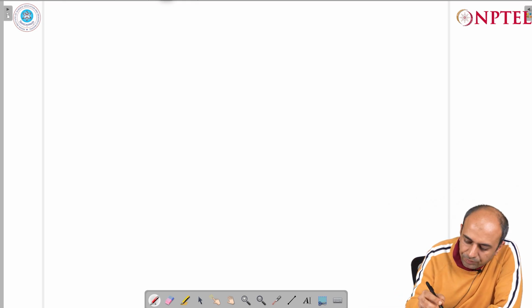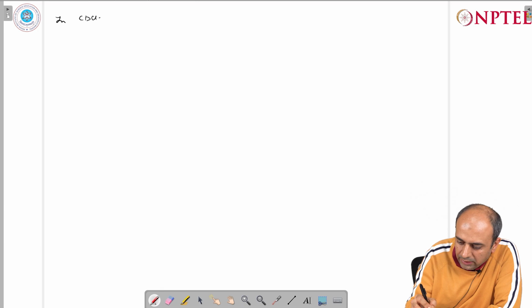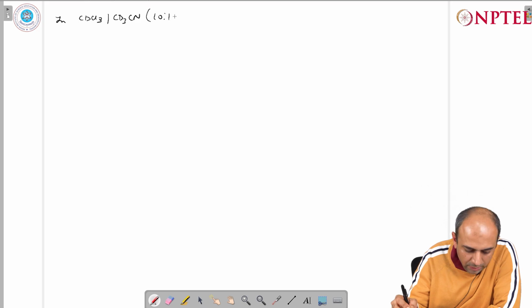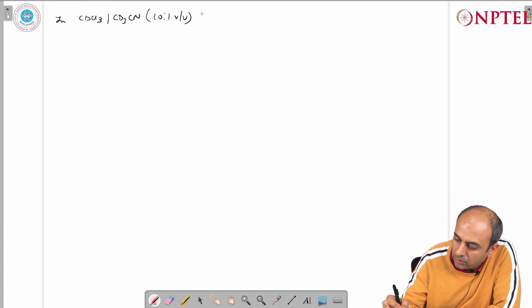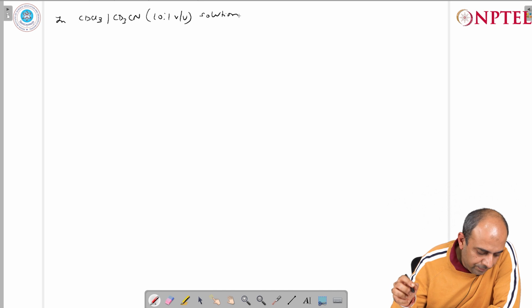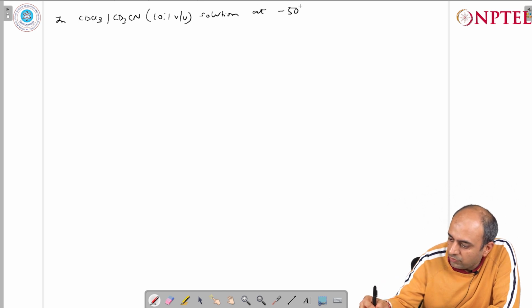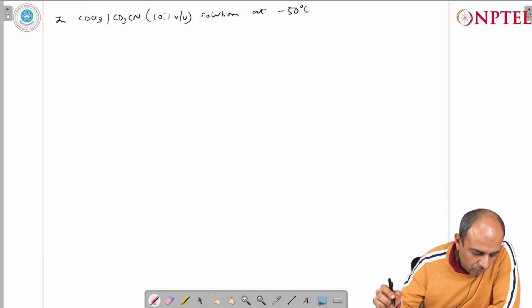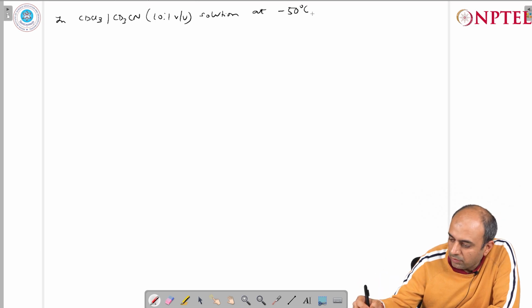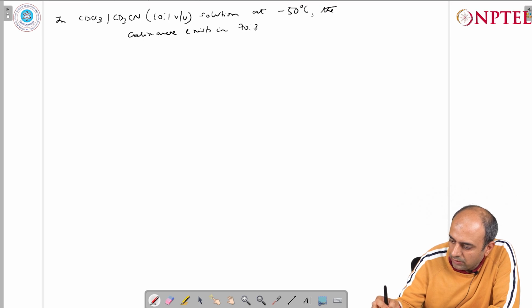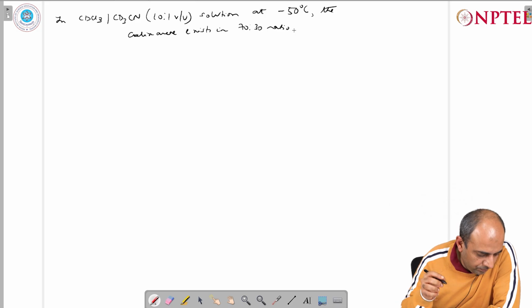So for example, in CDCl3 and deuterated acetonitrile in 10:1 volume by volume ratio, in this solution at minus 50 degrees centigrade, it has been observed that the calixarene exists in 70:30 ratio.